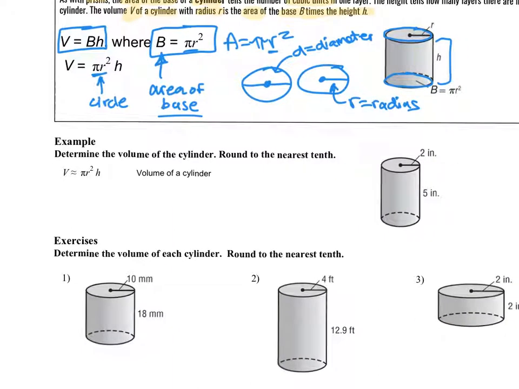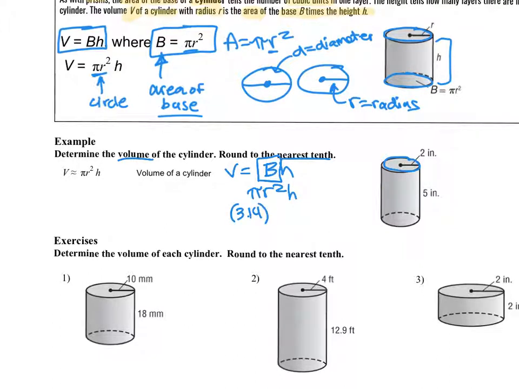For this first example, determine the volume of the cylinder, rounded to the nearest tenth. The volume of a cylinder, they already wrote it, but I'm going to write it again like you'll see it. Remember, base times height, but area of the base. Since our base is a circle, it's pi r squared times height. Write your formula down every time, and then you can just plug your numbers in.